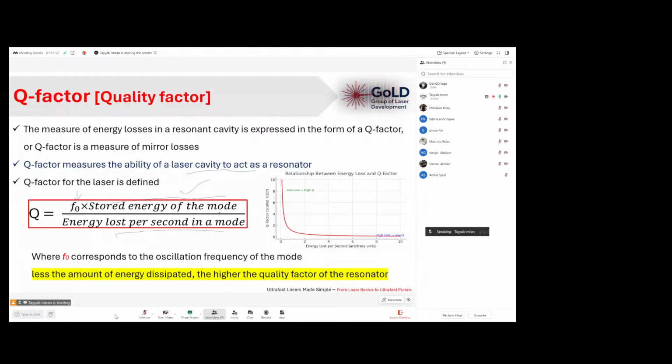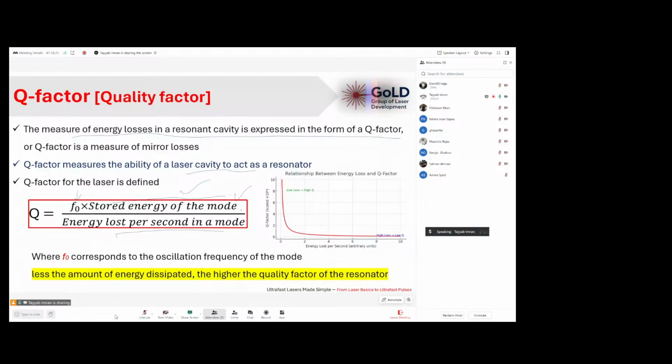Probably it may not be easy for you to understand, but slowly, as we move forward, maybe you can understand. The first point here, if you see, is that the Q factor measures the ability of a laser cavity, and how much energy losses are in the cavity.